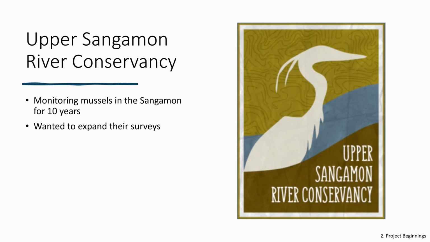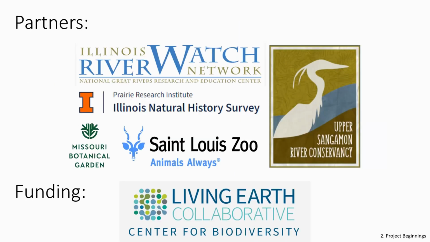So once they reached out to us, really Danielle took the lead on this, but there are 5 partners altogether for this project. So that includes Illinois RiverWatch, the Upper Sangamon River Conservancy, Illinois Natural History Survey, Missouri Botanical Garden, and the St. Louis Zoo. And this project was funded by a grant from the Living Earth Collaborative.